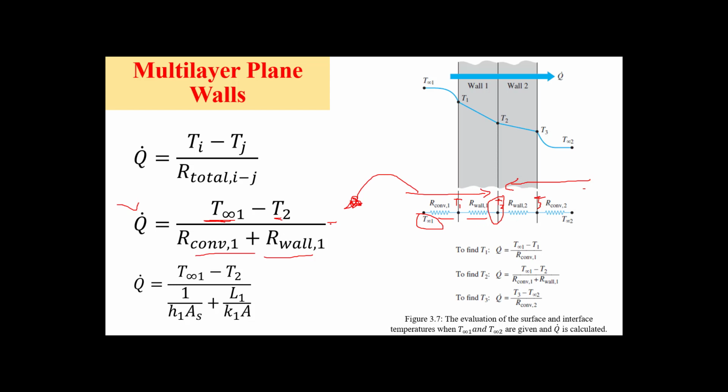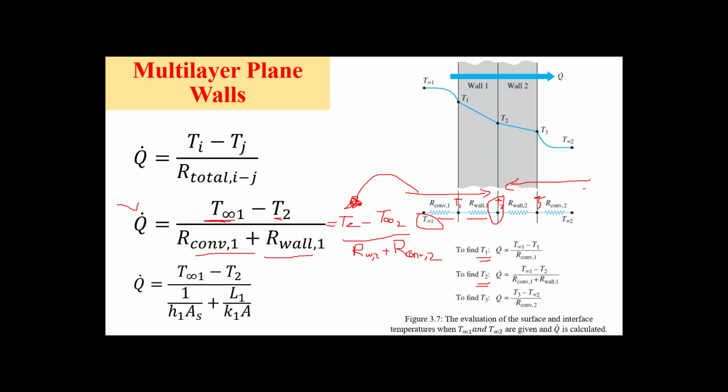We'll say that this is equal to T2 minus T infinity 2 over the resistance between these two temperatures, which is R wall 2 plus R convection 2. Okay, so we'll do the same for the other temperatures.